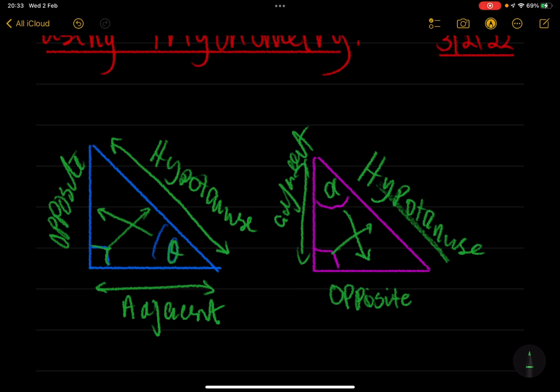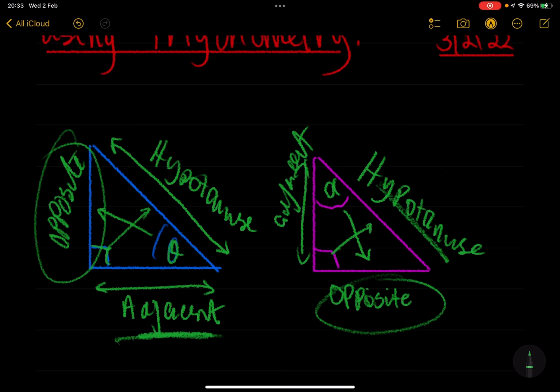So it never changes position depending on where the angle is, but your opposite can always change, as well as your adjacent. Adjacents and opposites are never set in stone. They can move all around your triangle, but your hypotenuse is always static. It's always the big long side opposite your right angle. So you just got to watch out for that.